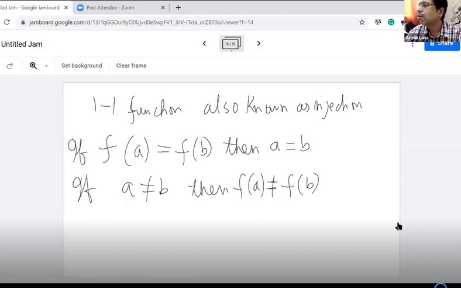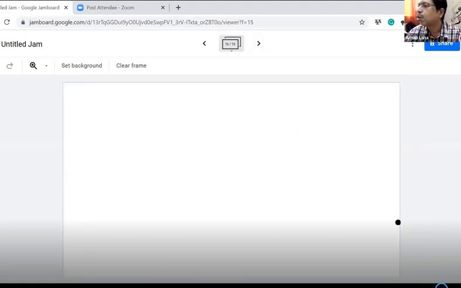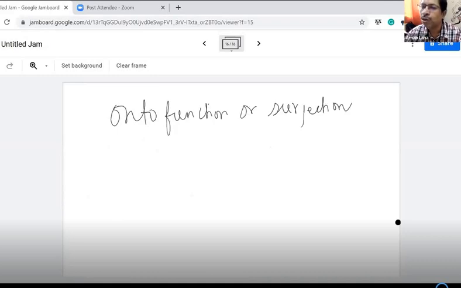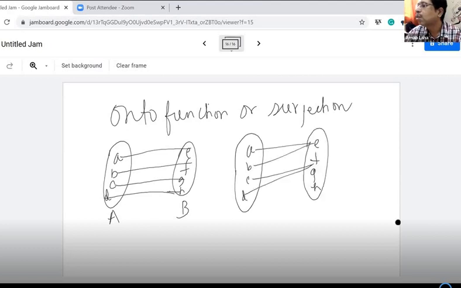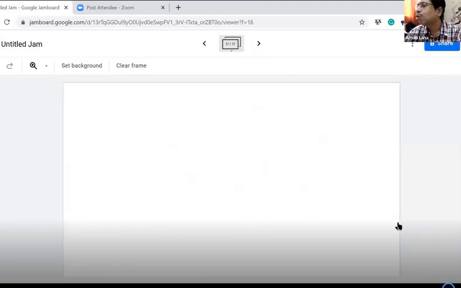Another kind of function that is very important is known as an onto function or a surjection. For an onto function, the range is exhaustive. A function which exhausts the range is an onto function. However, this function is not onto, because there are elements G and H which are not mapped. How do you show onto?